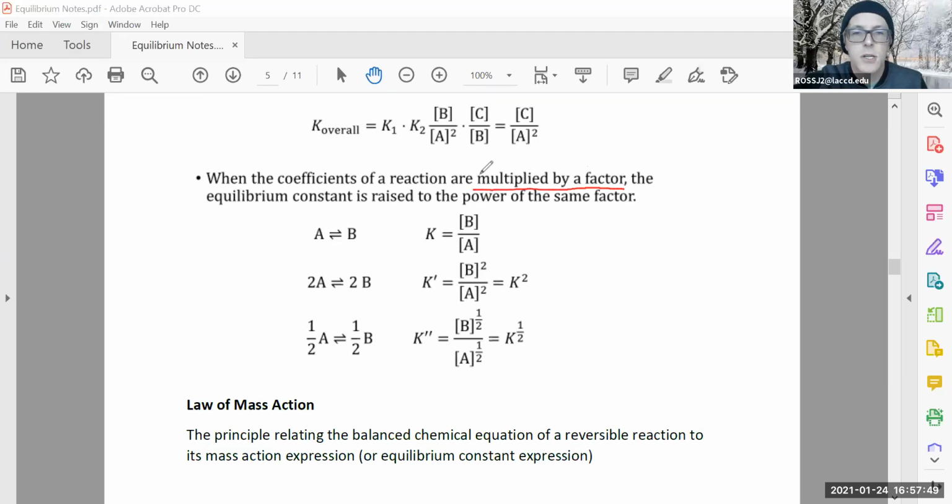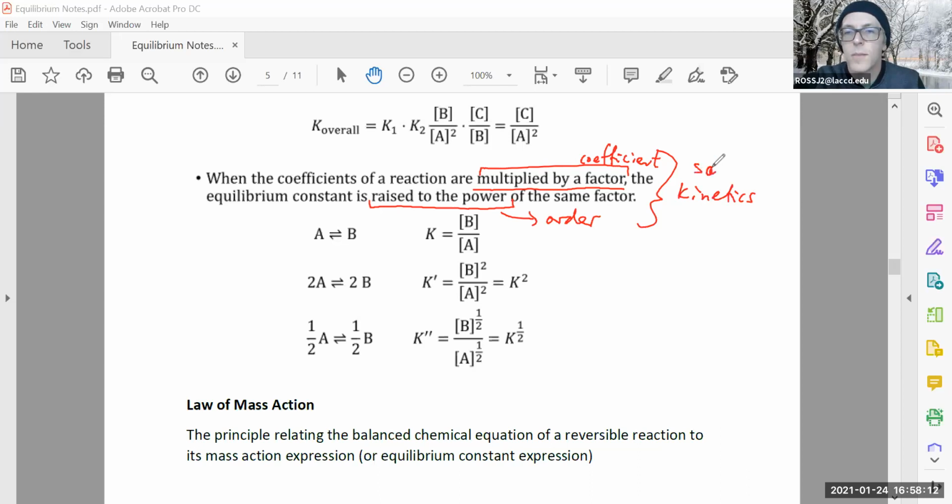Multiplied, this essentially is a coefficient. And then raised to the power, this is essentially an order. And you can see this from the kinetics videos. So we saw in kinetics videos.